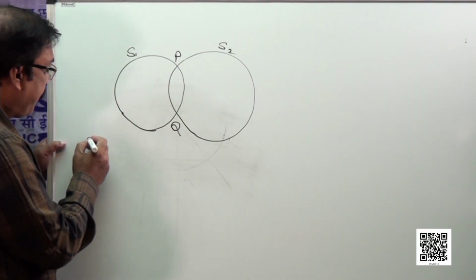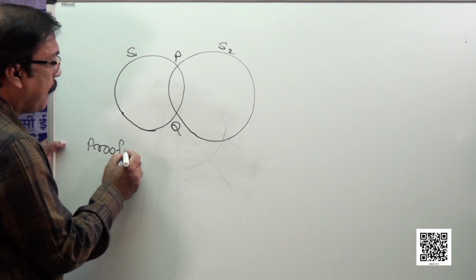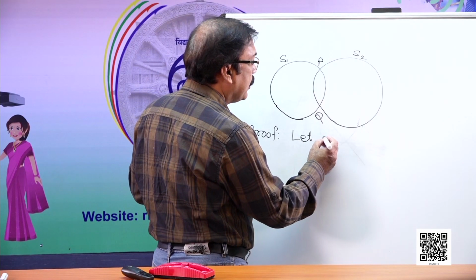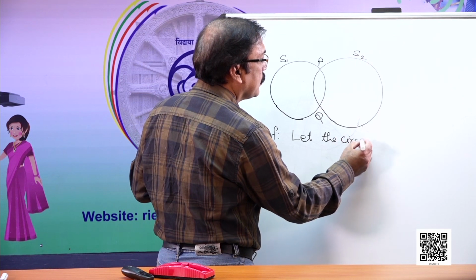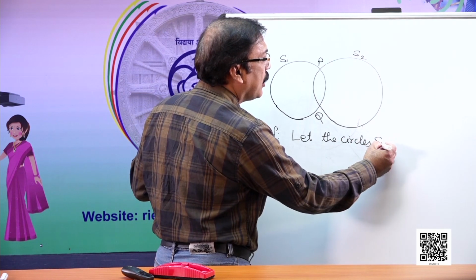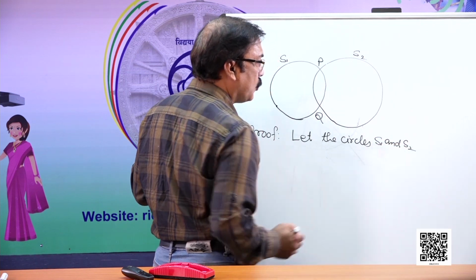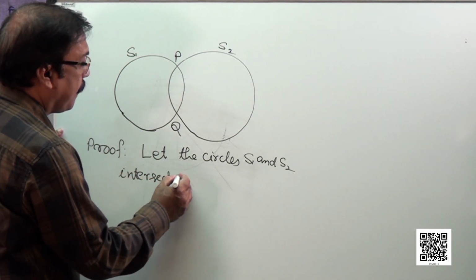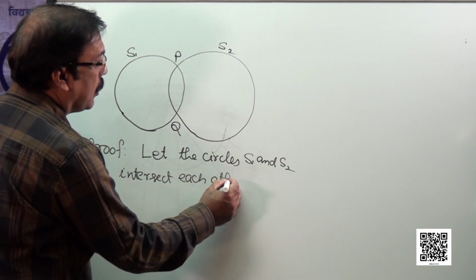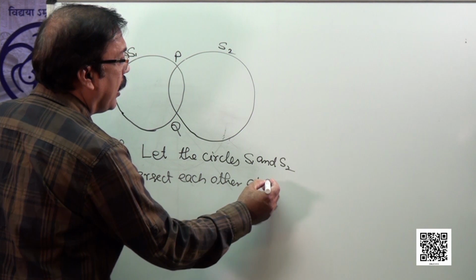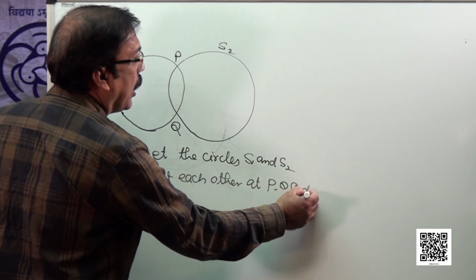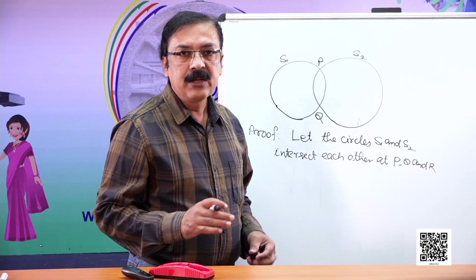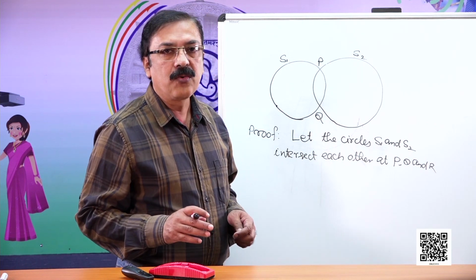So let's assume the circles S1 and S2 intersect each other at P, Q and R. As these 3 points lie on the circle, they must be non-collinear points.